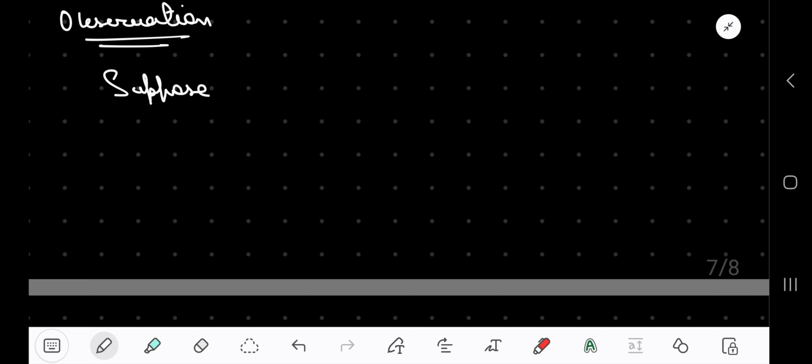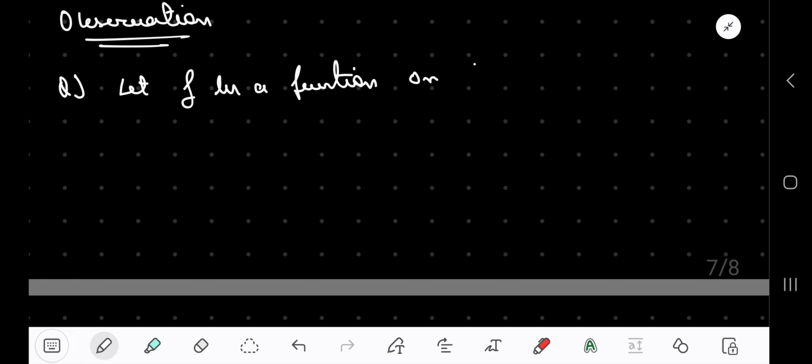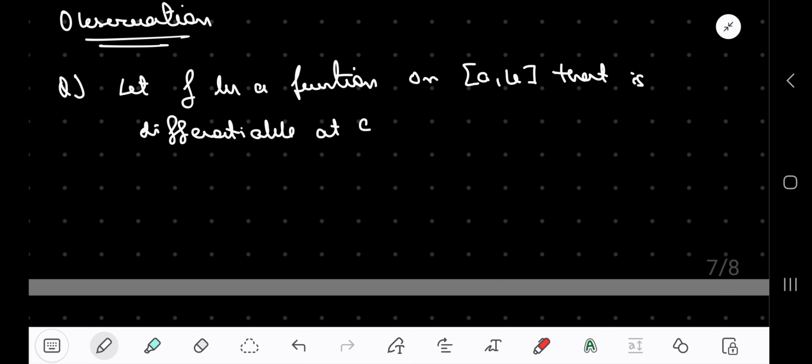So this is a simple question: let f be a function on (a, b) that is differentiable at c.